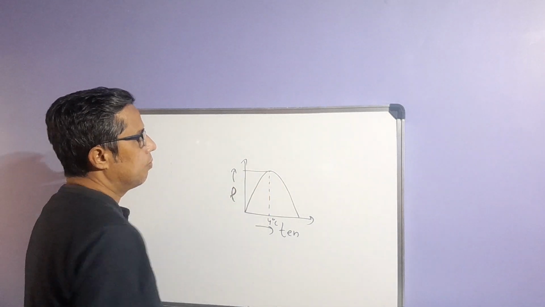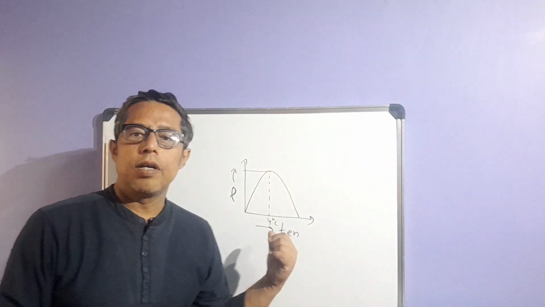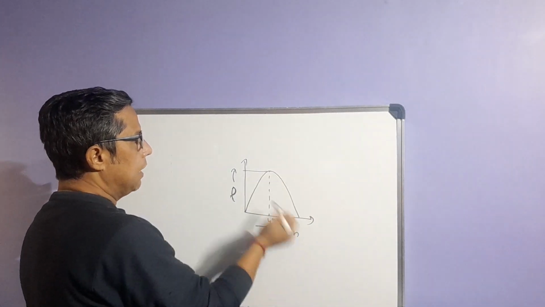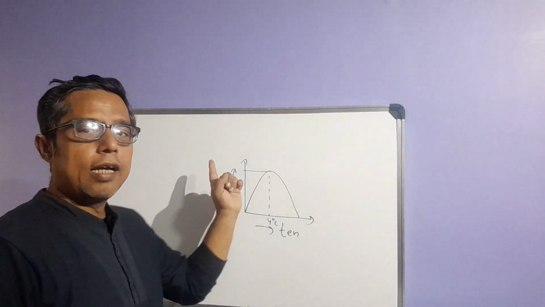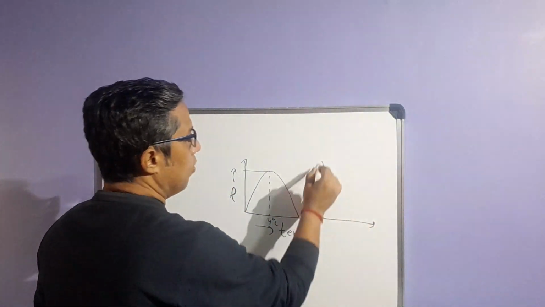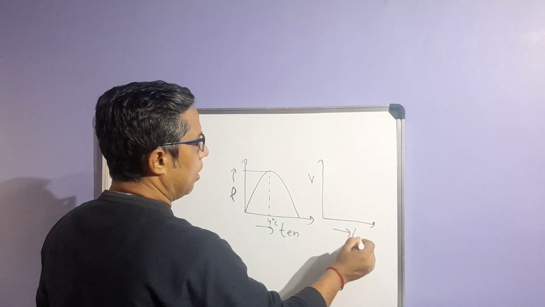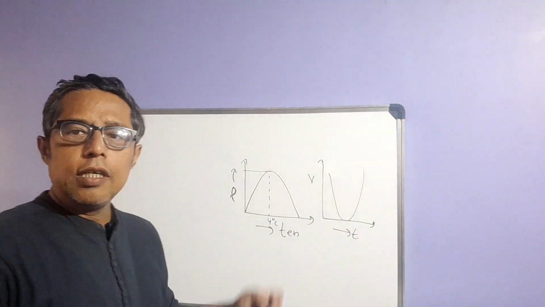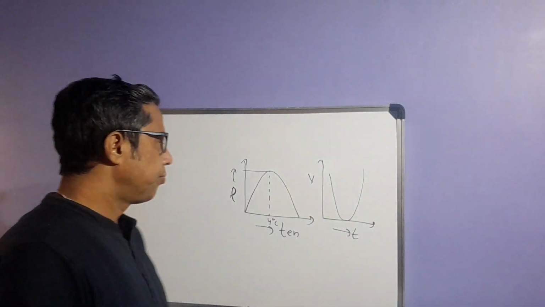This is the density graph of water, just as an example. When the y-axis is volume and the x-axis is temperature, the graph will be opposite. These things you have to remember.